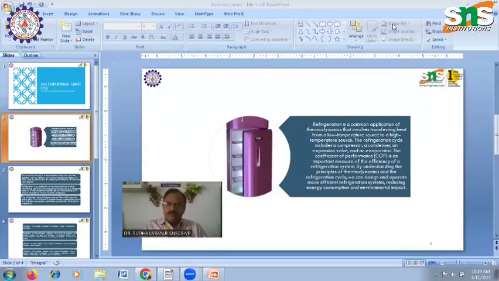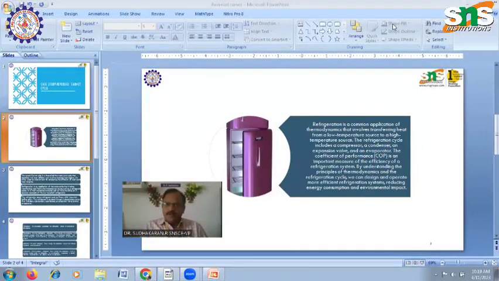Now the liquid refrigerant at low pressure enters the expansion valve. Inside the expansion valve, the expansion of the liquid refrigerant happens. This expansion of the liquid refrigerant results in a sudden drop in temperature of the liquid refrigerant. So this low temperature, low pressure liquid refrigerant coming out from the expansion valve enters the evaporator.